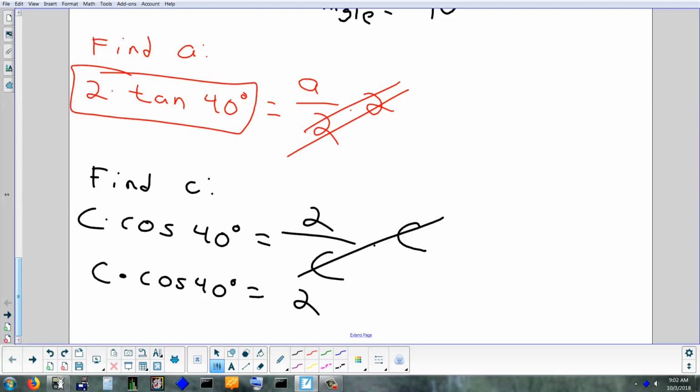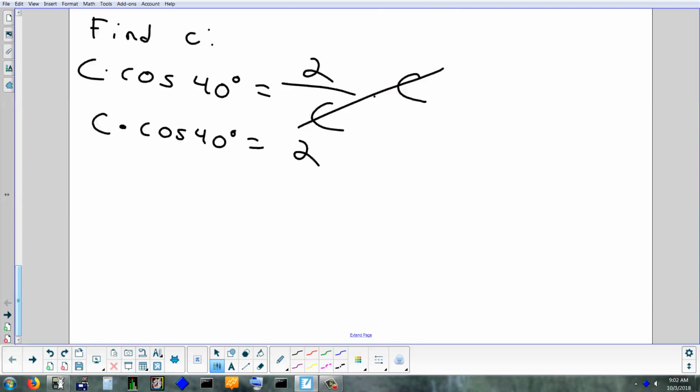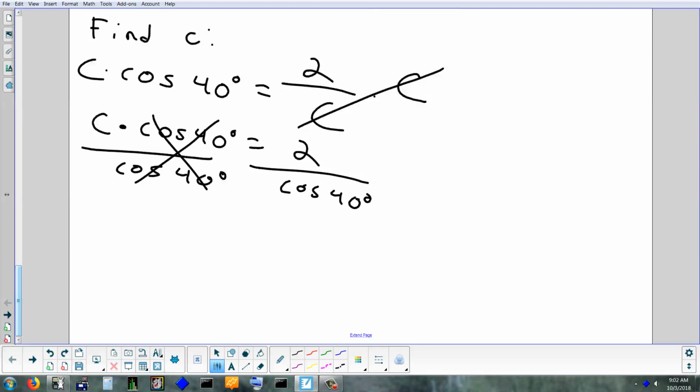Divide by the cosine of 40. We don't even have to figure out what the cosine of 40 is yet. In fact, I'm never even going to figure out what it is. I'm just going to type the whole thing in and get the final answer. So divide by cosine 40. And there's our answer for C.